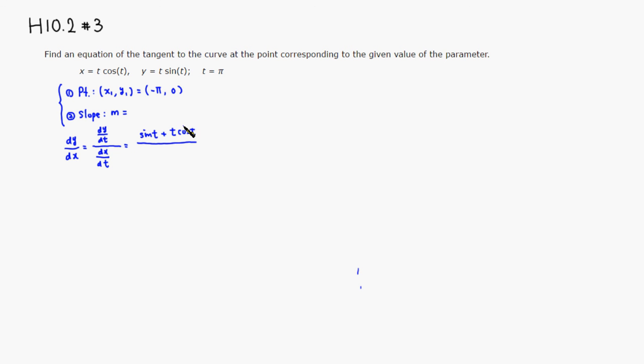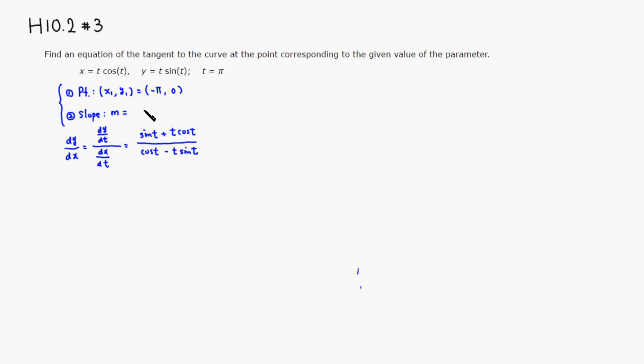And then the derivative of x: the derivative of t is 1 times cosine of t, plus t times the derivative of cosine, which is negative sine of t. So all we have to do is plug in t equals pi into this expression.